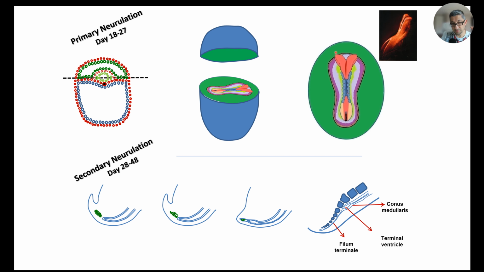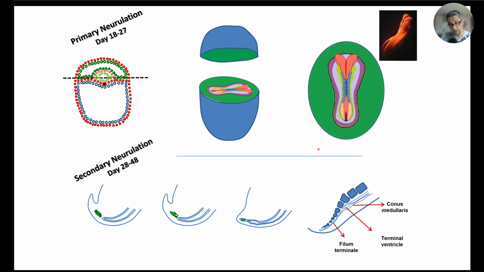And after the primary tube is formed, a mass of cells occur distal to the tube, and cysts occur within this mass, and these cysts coalesce to form a secondary tube, and this second tube fuses with the primary tube and forms filum terminale, terminal ventricle, and conus medullaris.